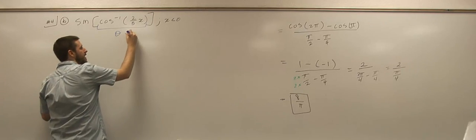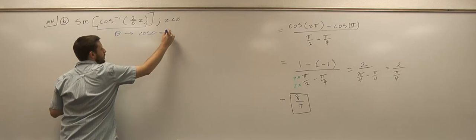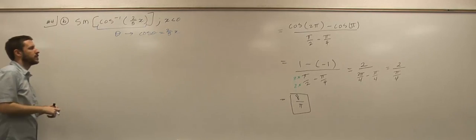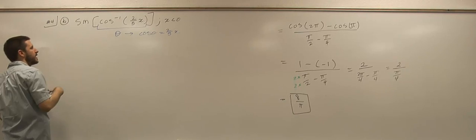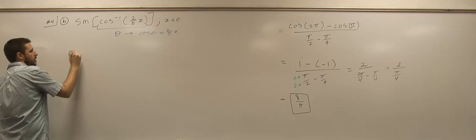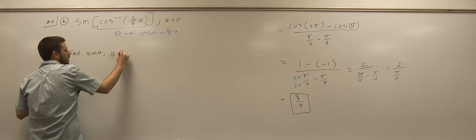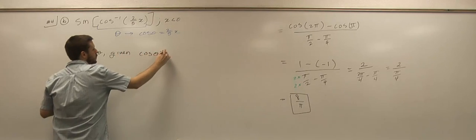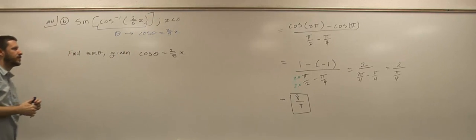Specifically, it's the angle that makes cosine equal to 2/5 x. So what the question is asking is for you to find sine of theta given cos theta equals 2/5 x, with this restriction that x is negative.